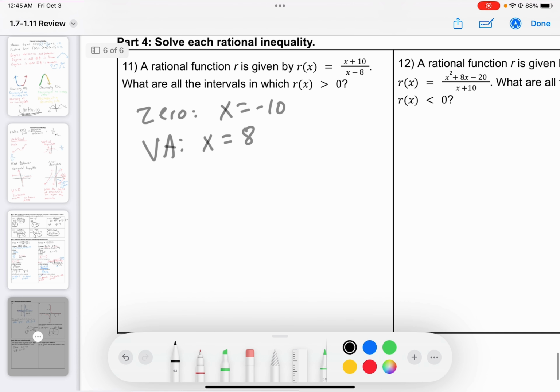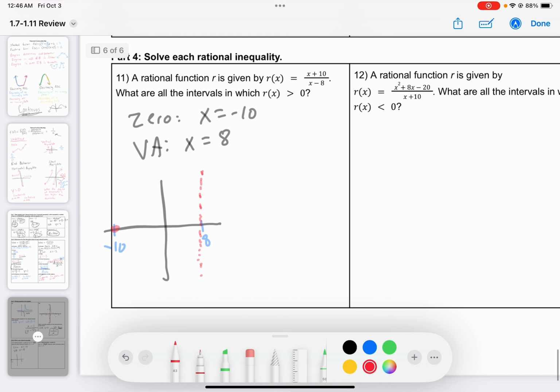All right. So let's just make a little sketch of that. And maybe we don't have enough space here, but at negative 10 and 8, these are important spots. We have a 0 here at negative 10, and we have a vertical asymptote here.